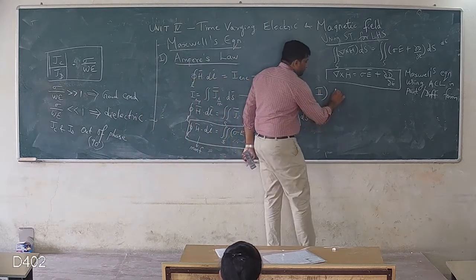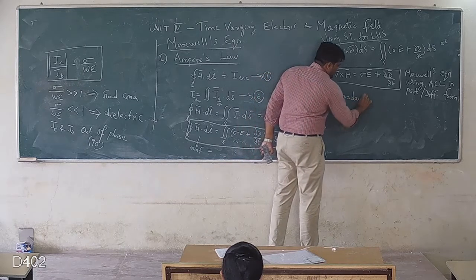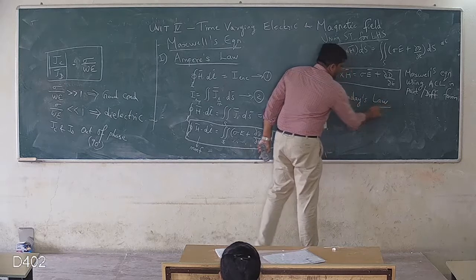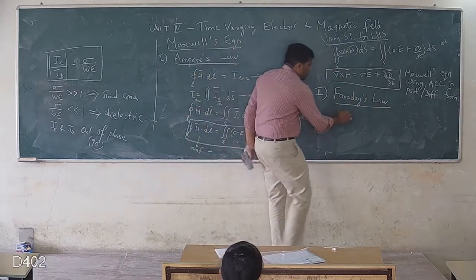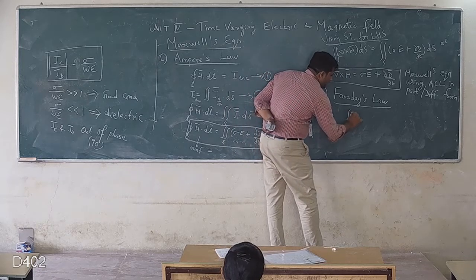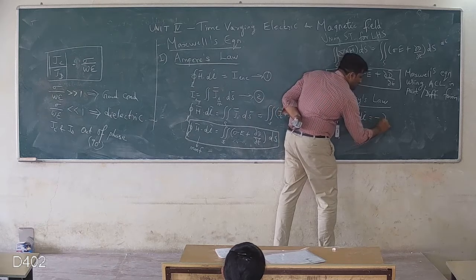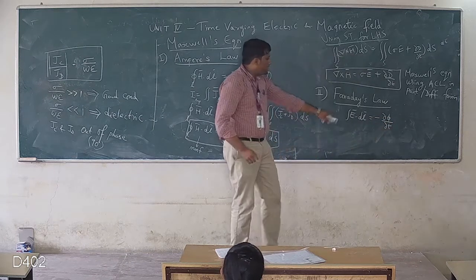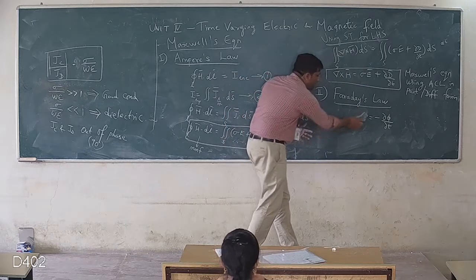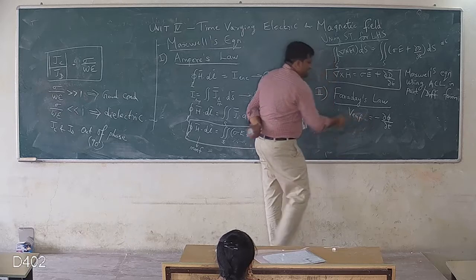Now, using Faraday's law. We can understand that Faraday's law is stated as: the integral of E dot dl is equal to minus dou phi by dou t. We know that actually it is the EMF.